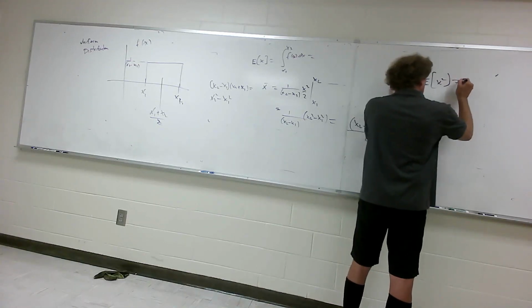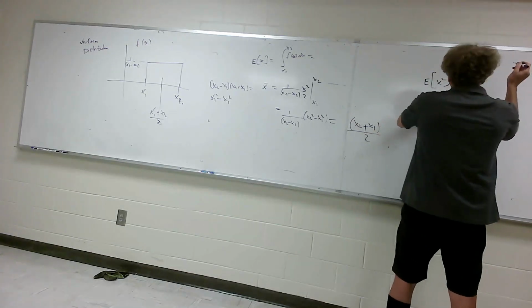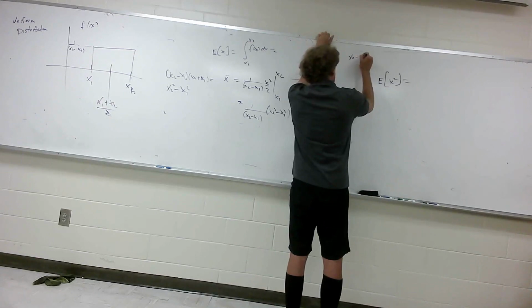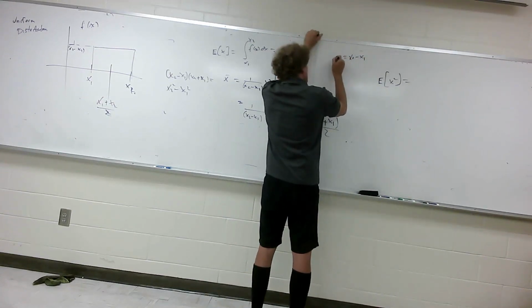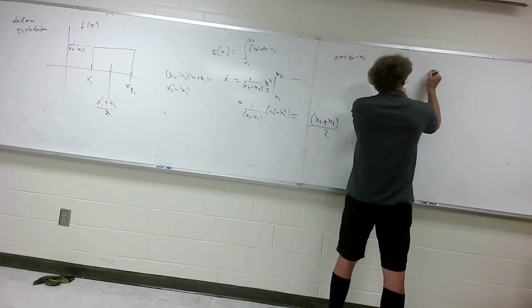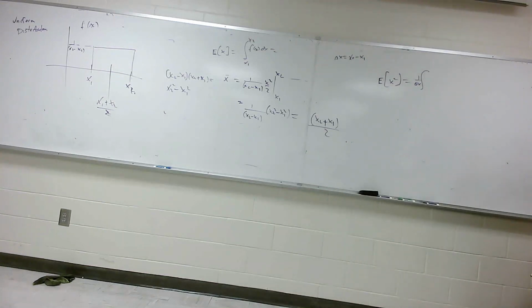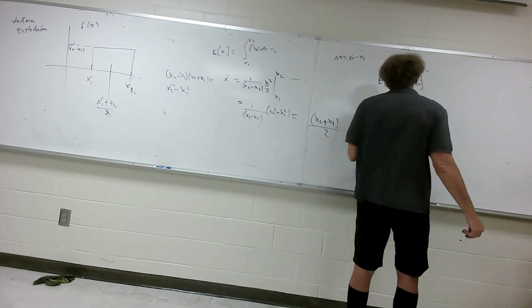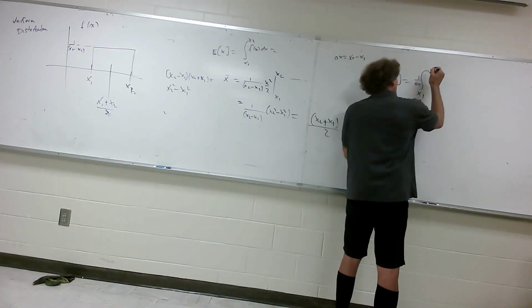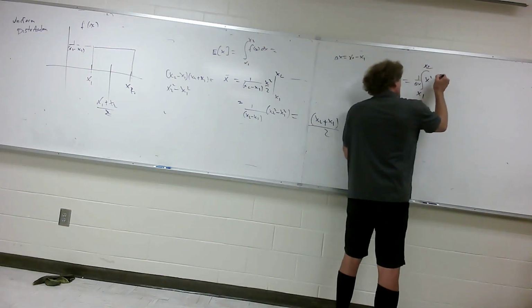This is a little trickier, but I'm just going to show you what comes out. So this is going to be the integral. Let me do it this way: x2 minus x1, I'm just going to call delta x. We don't have to prove everything, but you can see this. So now this expected value becomes the density function, which is 1 over delta x, times the integral from x1 to x2 of x squared dx.